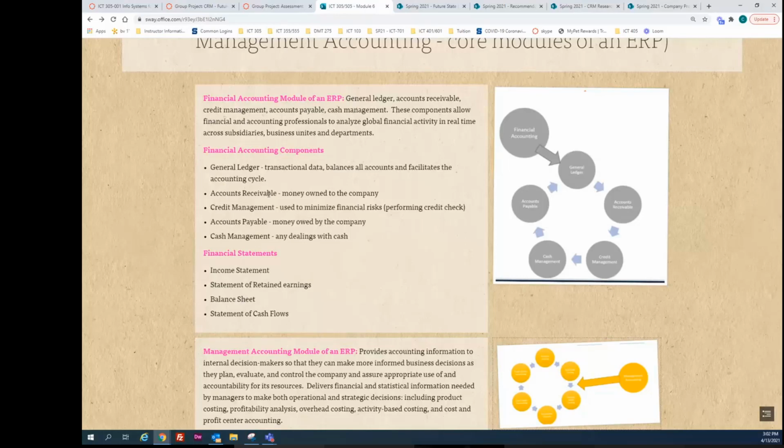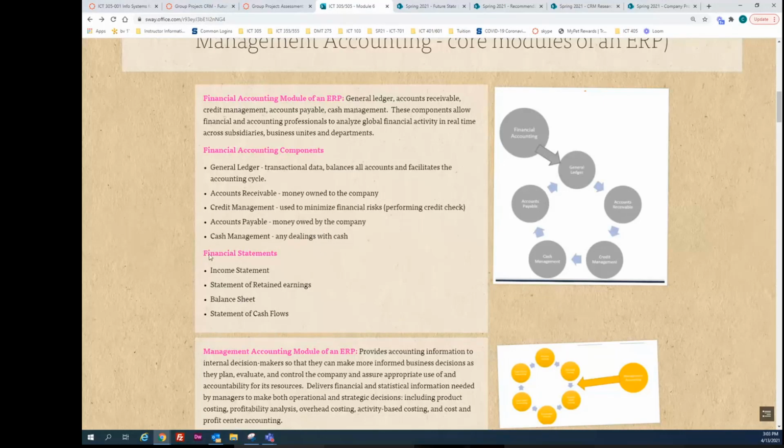Those are just examples. You also have credit management in financial accounting, which is essentially used to minimize financial risks, like performing credit checks on customers or vendors. And then any dealings with cash, essentially any money coming in, any money going out.